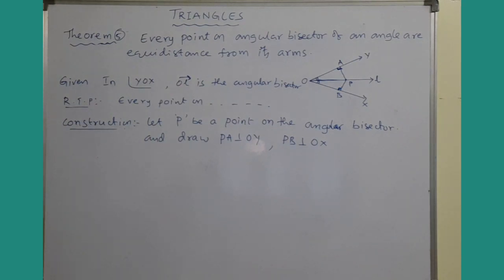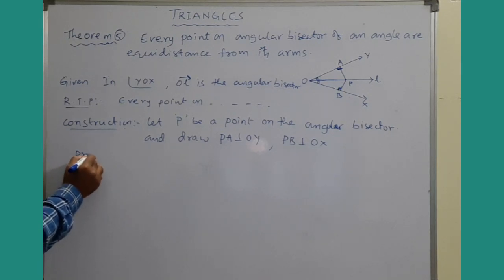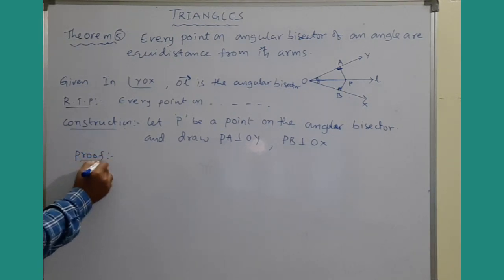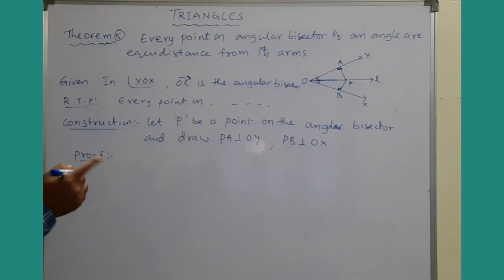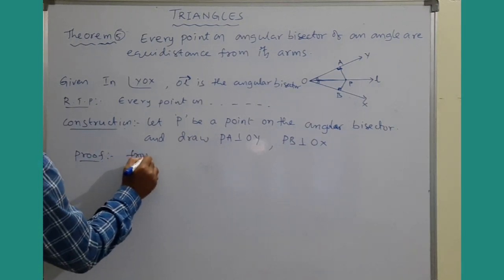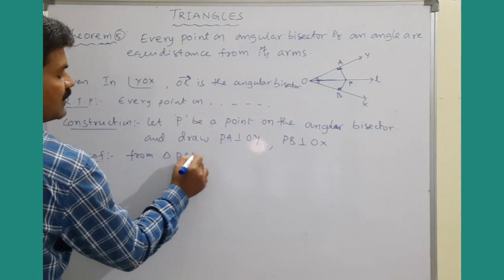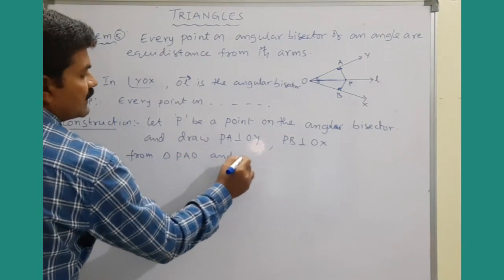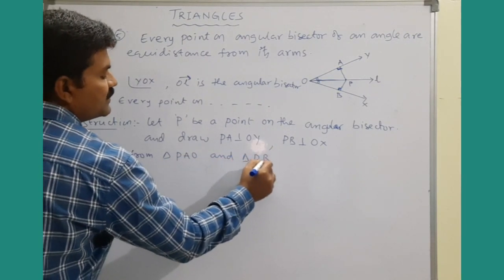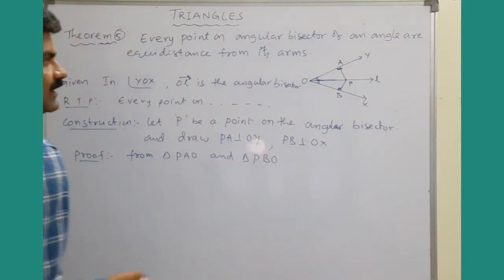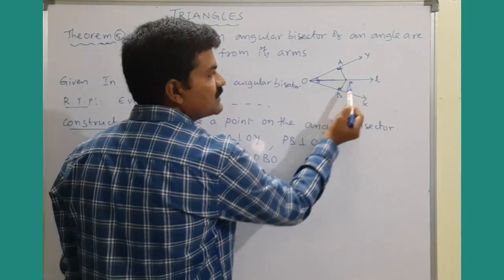Okay. So coming to proof. See, there are two triangles now. From triangle PAO and triangle PBO.